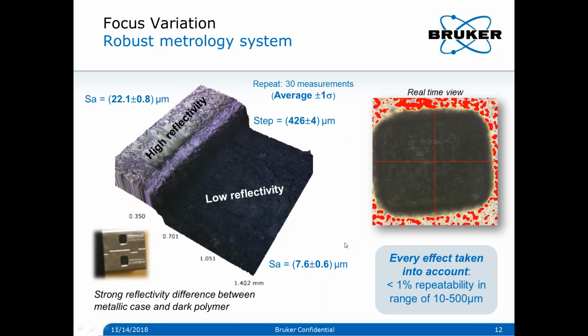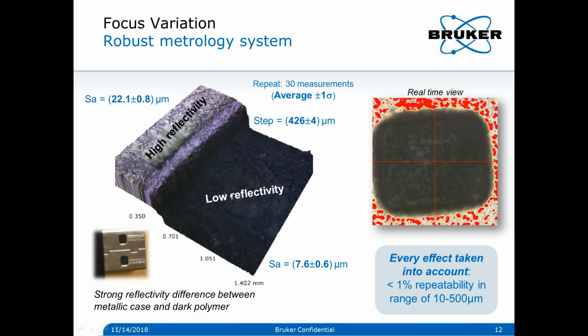So that being said, it's clear that the system has a good, robust quality for metrology. But what about when we start changing the system to a sample with a very high difference in reflectivity?